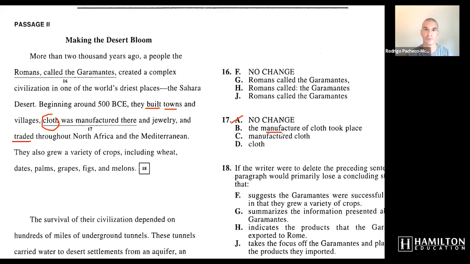Again, we are starting with a noun. What we need is a verb, as we see here with C, manufactured, verb, and cloth, there is our object. That's why C is our correct answer. Looking at D here, we just have the noun. We are missing the verb that we need to follow this structure.